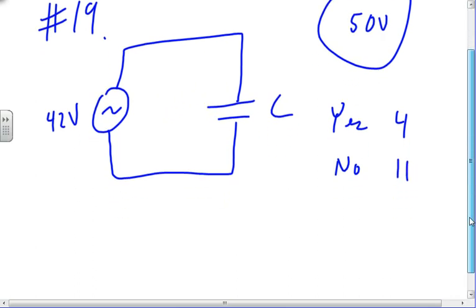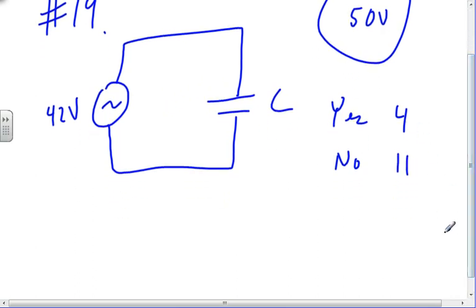Now, for the guys that say yes, I know why you're saying yes. For the guys that are saying no, why are you saying no? Yeah, that's the issue. The issue is the 42 volts is an RMS voltage. Why?